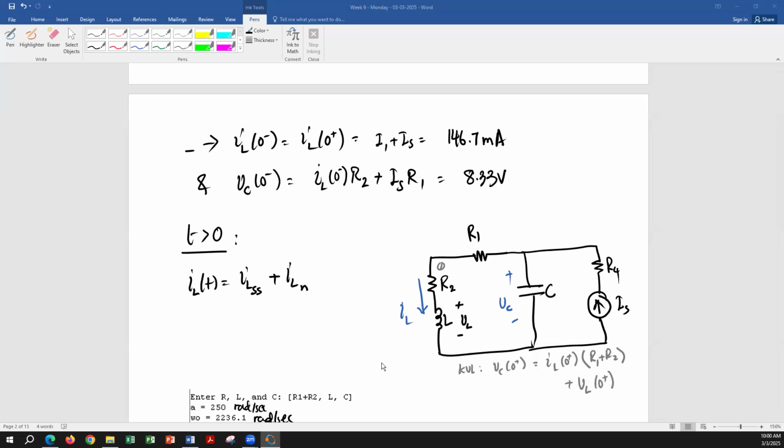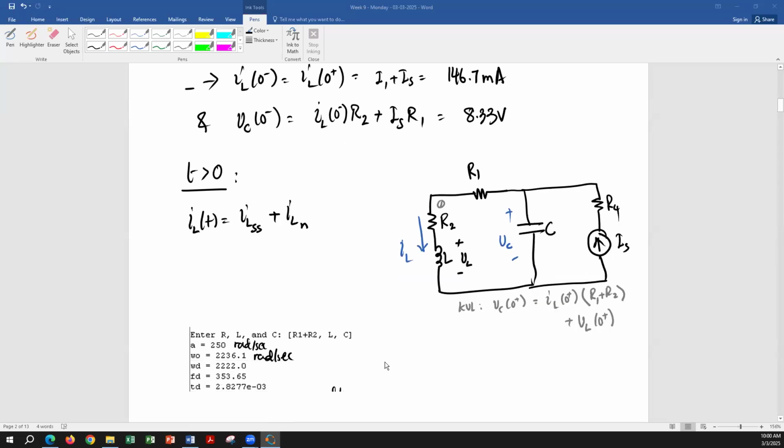Using that condition, you find the value of the inductor current as the steady state response for a series circuit, or the capacitor voltage as the steady state response. And then the shape of the natural response depends upon the damping type. So in this case, since it's an underdamped circuit, we wrote down that the shape of the response is going to be an exponentially decaying sinusoidal response.